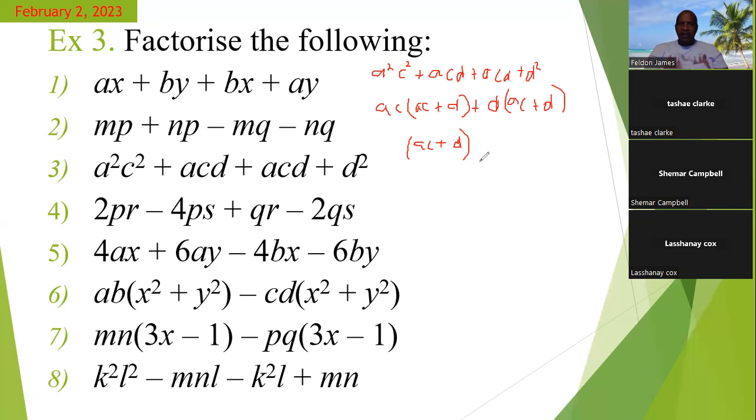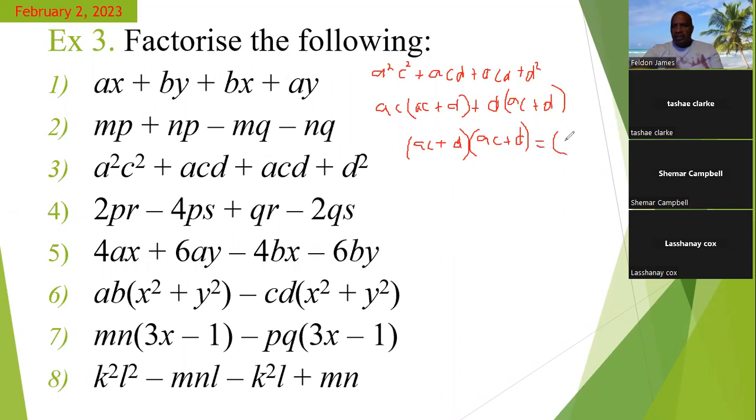And then now when we divide each term, for the first term, we're going to get AC, for the second term, we're going to get D. So for the second bracket, we have AC plus D. Now both brackets have AC plus D. So it means that you're multiplying AC plus D by itself.